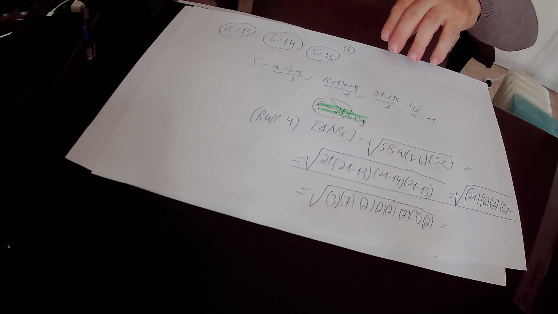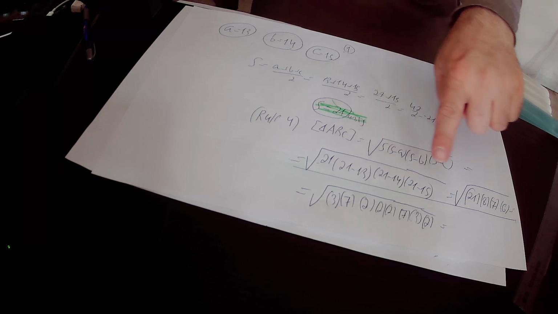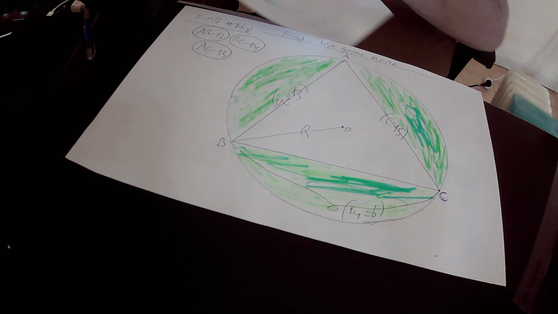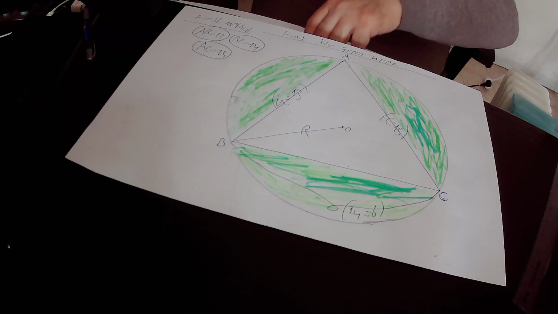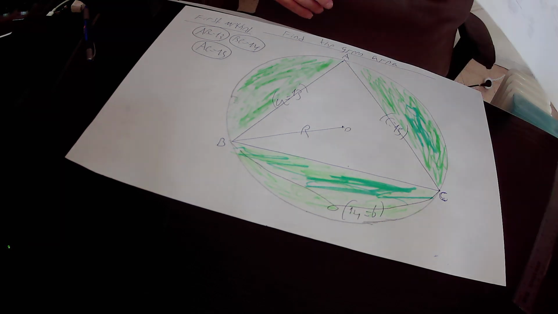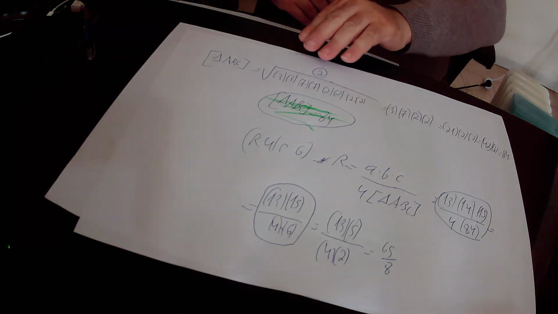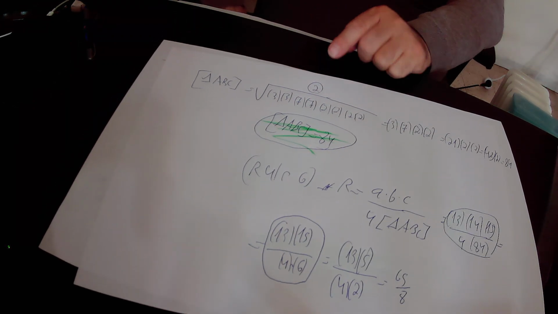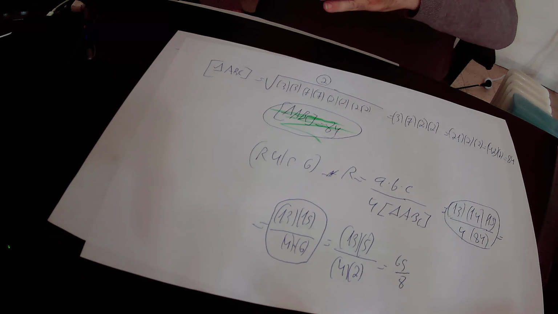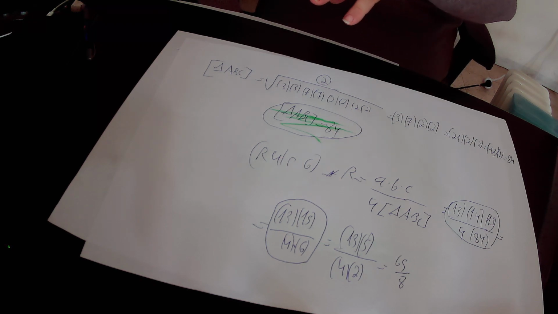Then we changed the order of the numbers inside the root, and finally we found that the area of this triangle ABC equals the square root of 3 times 3 times 7 times 7 times 2 times 2 times 2 times 2. We just changed the order of the numbers inside the root. We didn't change anything else.